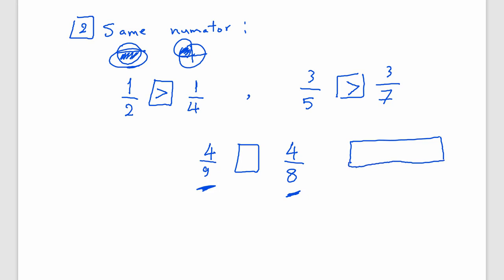Teacher, 8. So 8 parts is greater. So that's why 4/8 is more than 4/9. Okay, Ali? Thank you, Ali. Okay, and let's take another one.